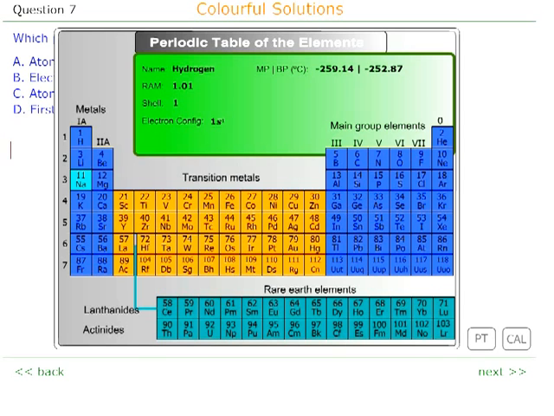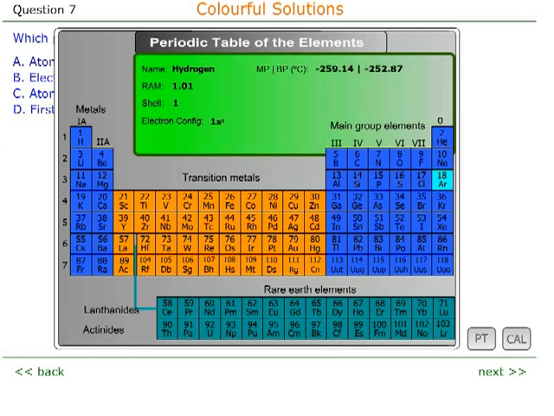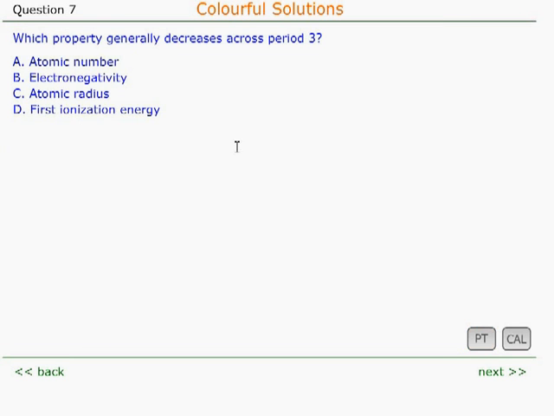And to cover ourselves, the first ionisation energy: sodium's got the lowest, magnesium has a higher one than sodium, and it doesn't increase linearly across the periodic table because of the different types of orbitals, but there is a general increase. So our only possibility here is the atomic radius. So the answer is C, atomic radius.